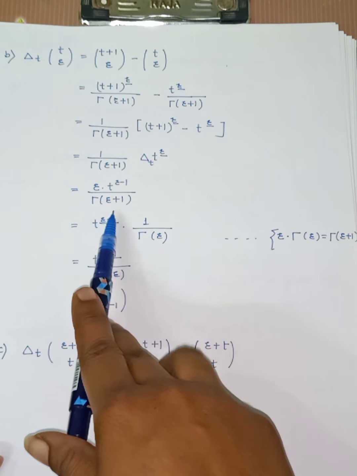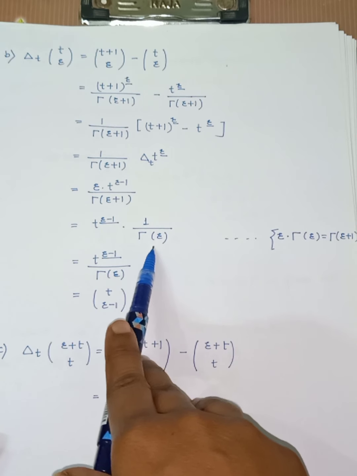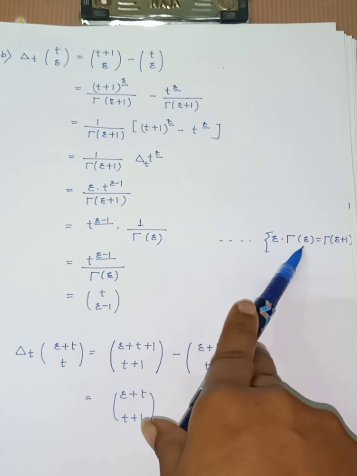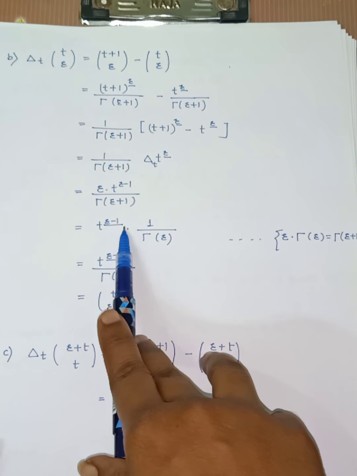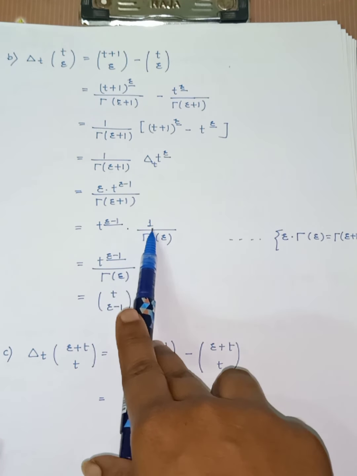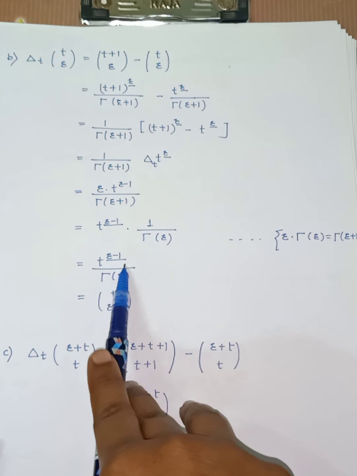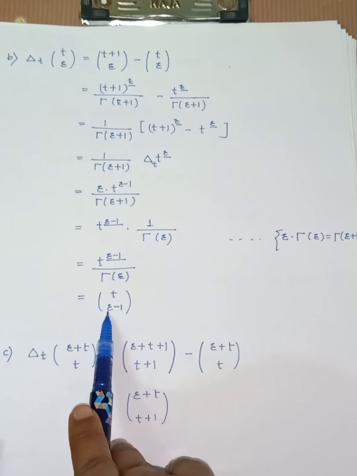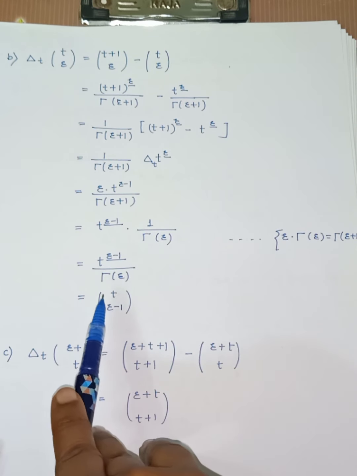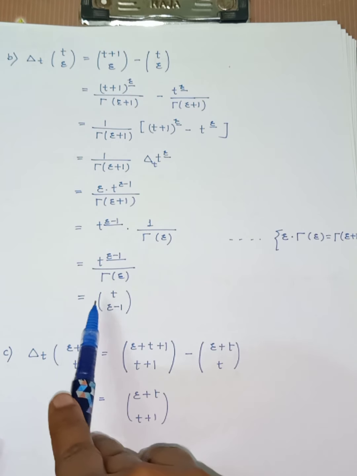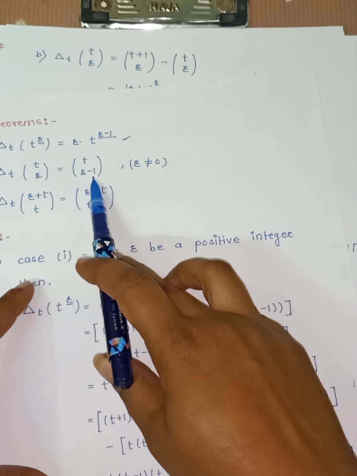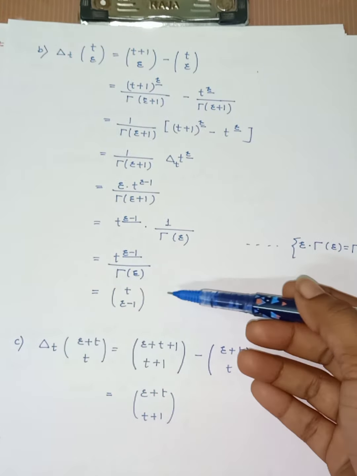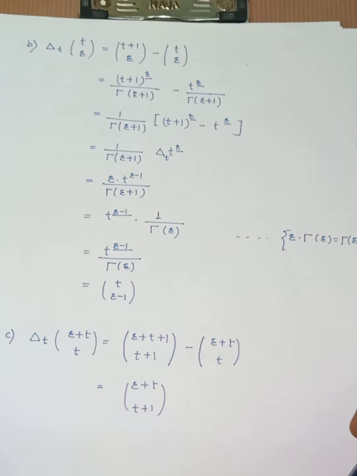We have written 1 by gamma of r because r into gamma r equals gamma r plus 1. So t to the falling r minus 1 and 1 by gamma r, and we can write it as t choose r minus 1. This was the answer we obtained.